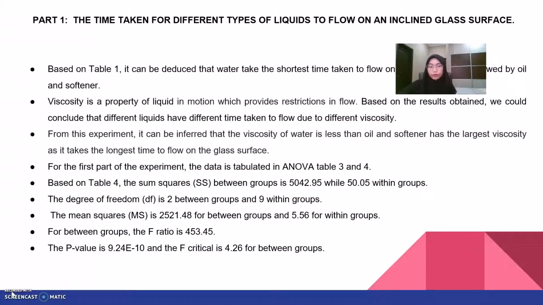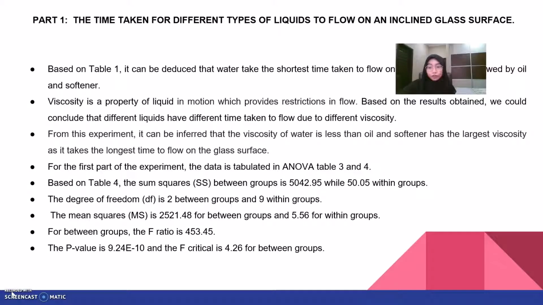For the part 1 experiment, based on table 1, it can be deduced that water takes the shortest time to flow on the glass surface, followed by oil and softener. This is due to the factor of viscosity. Viscosity is a property of liquid in motion which provides restrictions in flow.